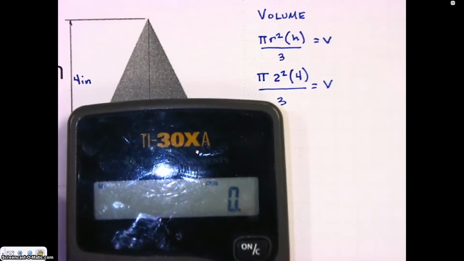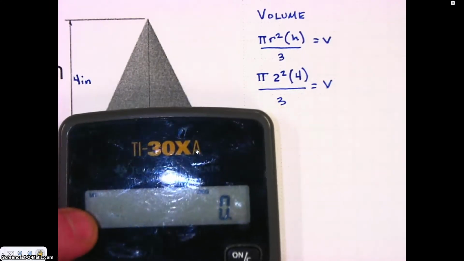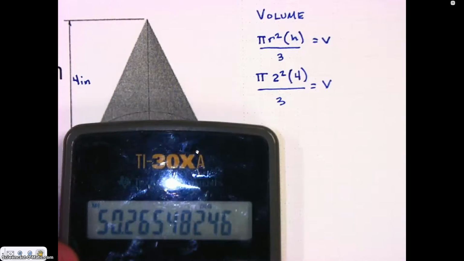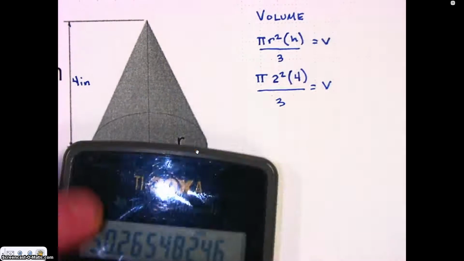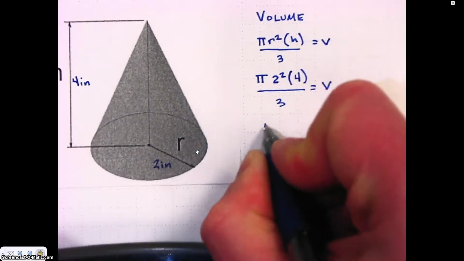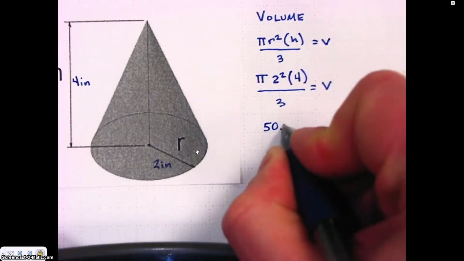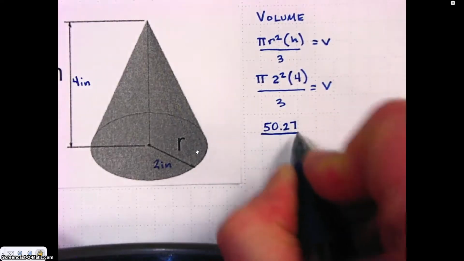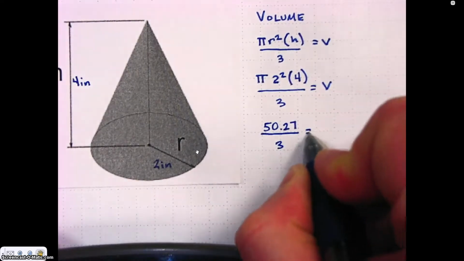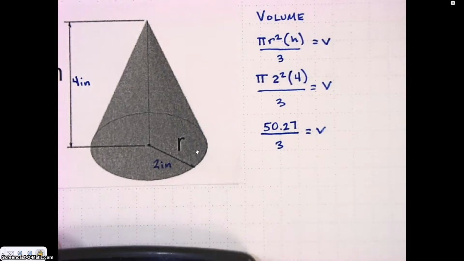So I'll get my calculator out. I'll take 4 times 2 squared times pi, and I get 50.27 divided by 3 equals our volume.